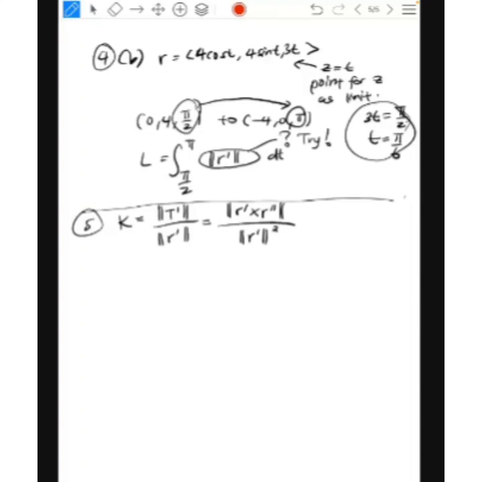And then the radius of curvature is 1 over curvature. This K we call kappa, it's a Greek letter like alpha, beta. This P is not P, it is rho. Rho equals 1 over kappa.